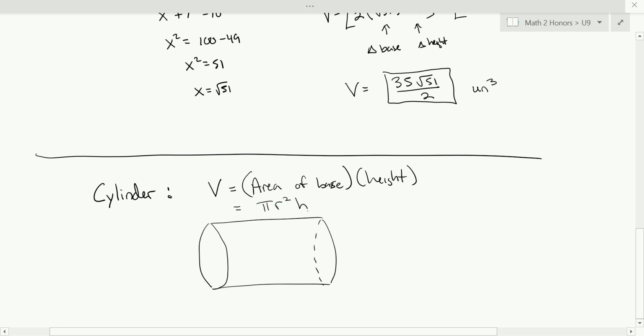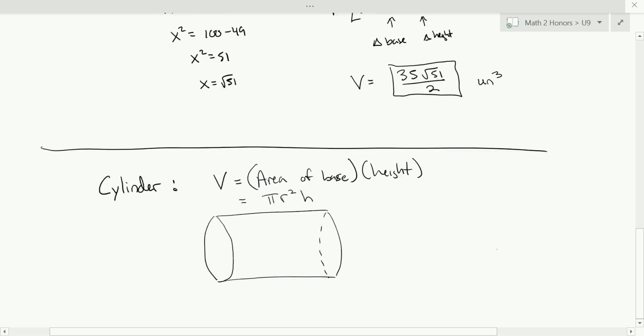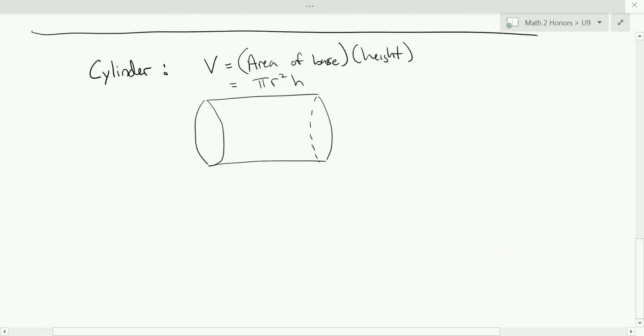So that would be a simple formula for the volume of a cylinder. So example 2. Let's say in the cylinder above, this length here is 10, and the diameter here is 8. Find the volume of that cylinder.